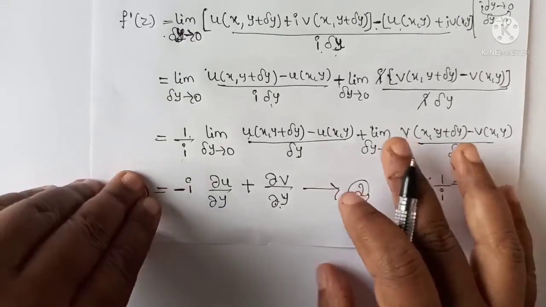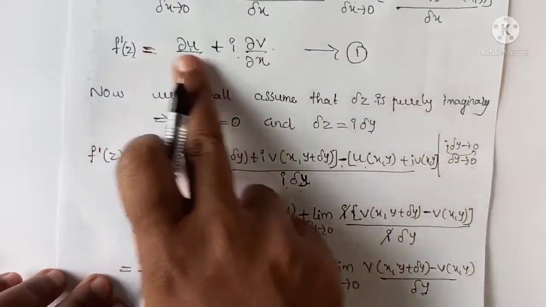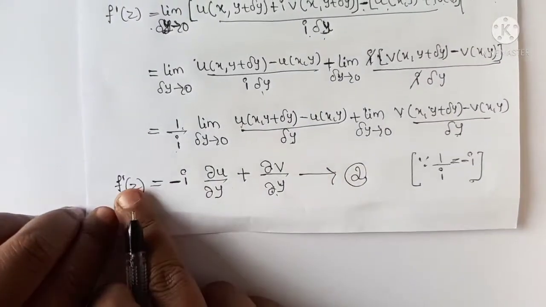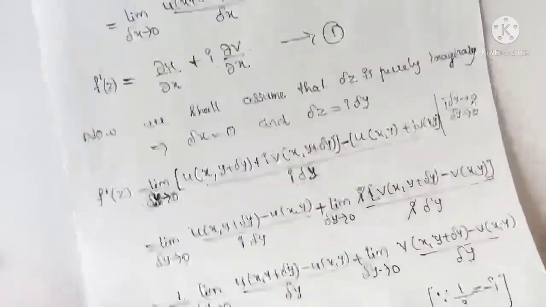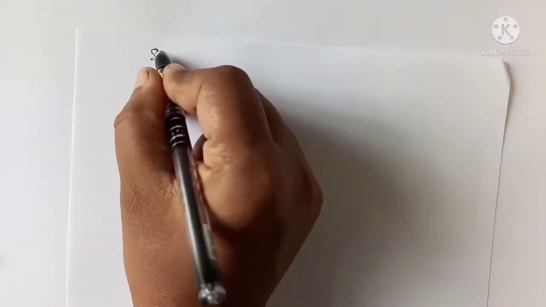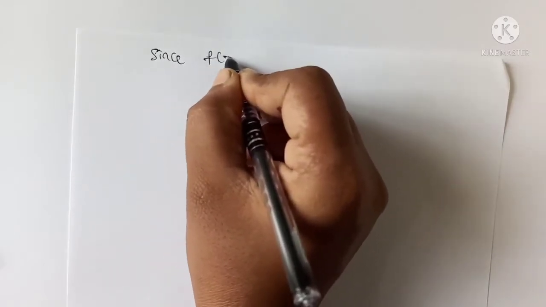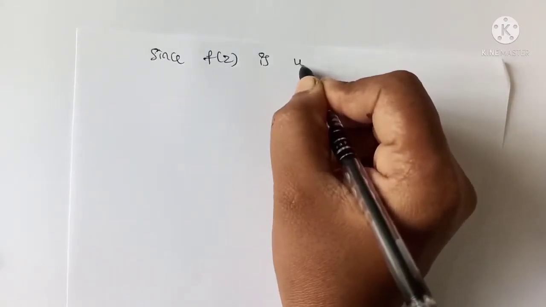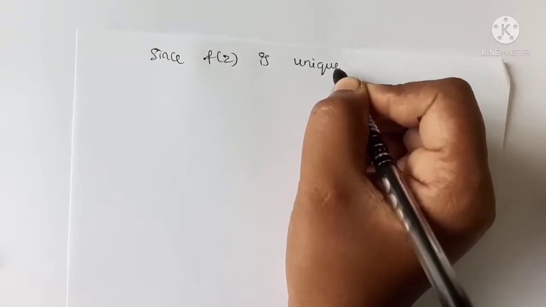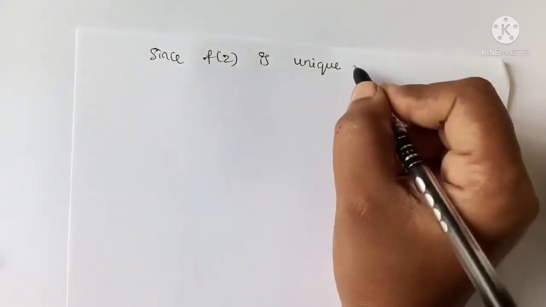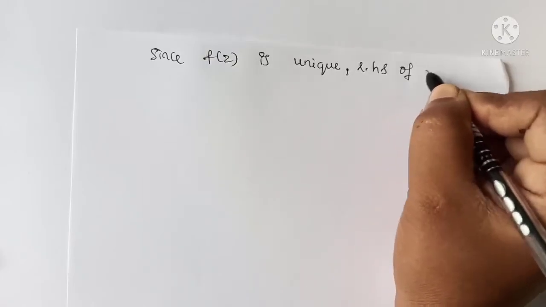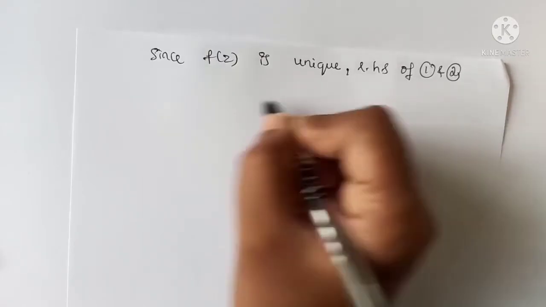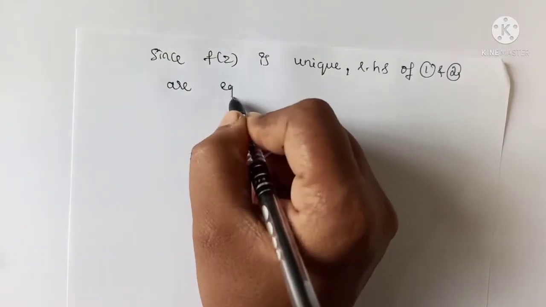Now you can observe that in equations 1 and 2, the LHS part is the same, therefore we can take the RHS parts as equal. Since f dash of z is unique, we can say that the RHS of equations 1 and 2 are equal.